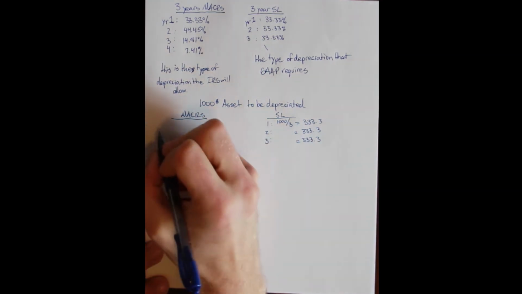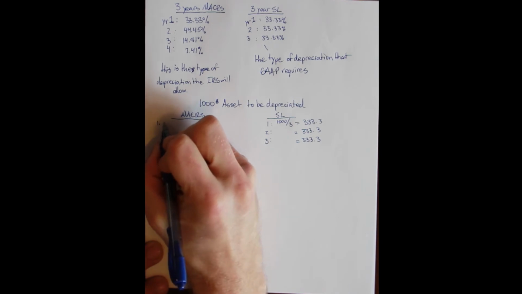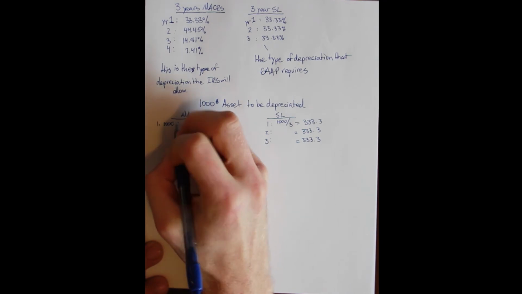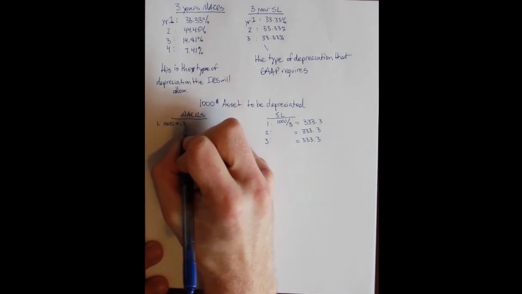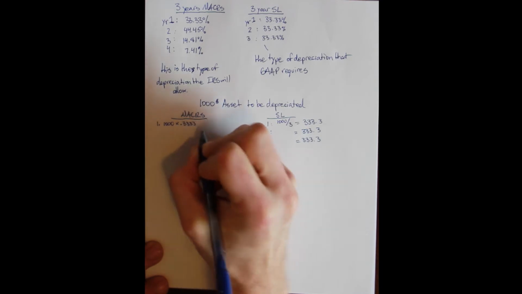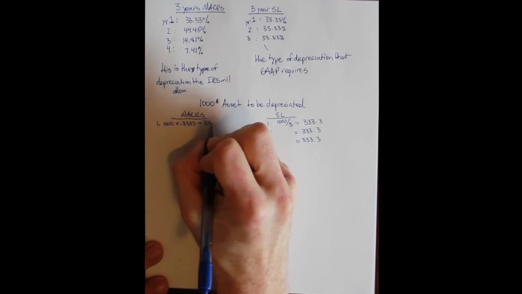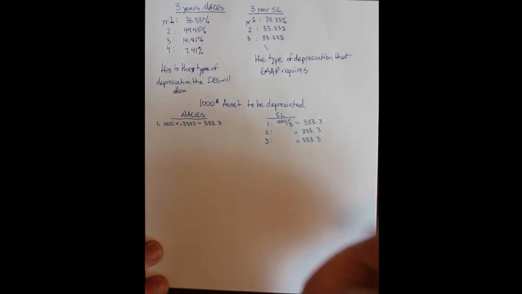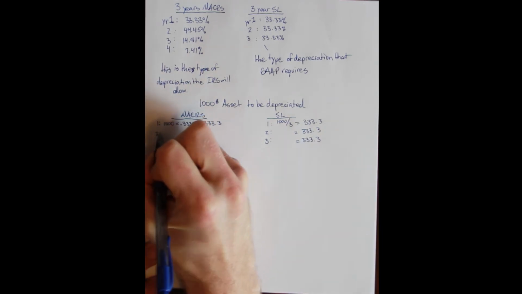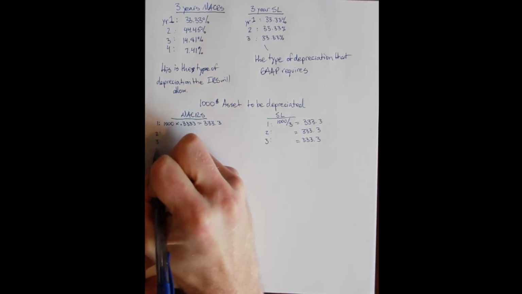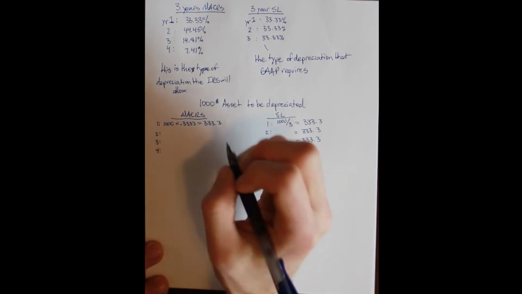In the MACRS schedule, we calculate depreciation by multiplying the cost basis times the depreciation percentage in every year. And so the first year's depreciation is the same, 333.3. But in the following years, our depreciation is going to be different.